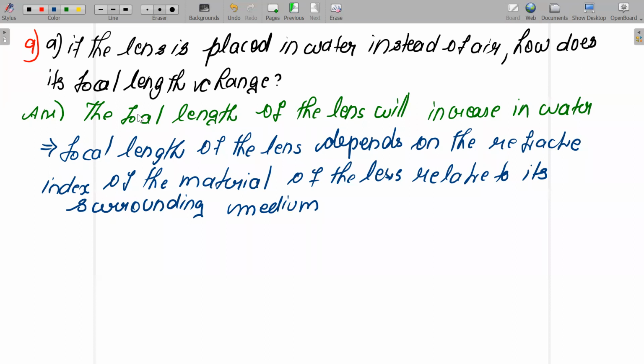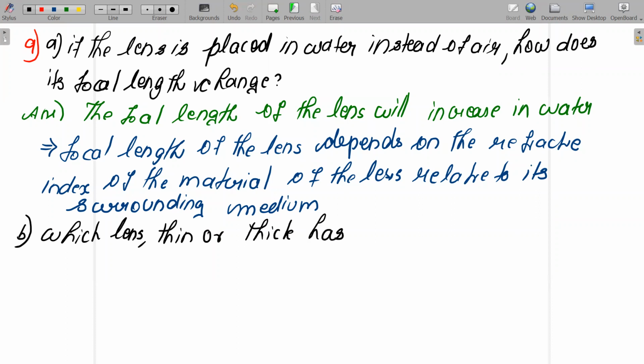Now one more question. B question. Which lens, thin or thick, has greater focal length?